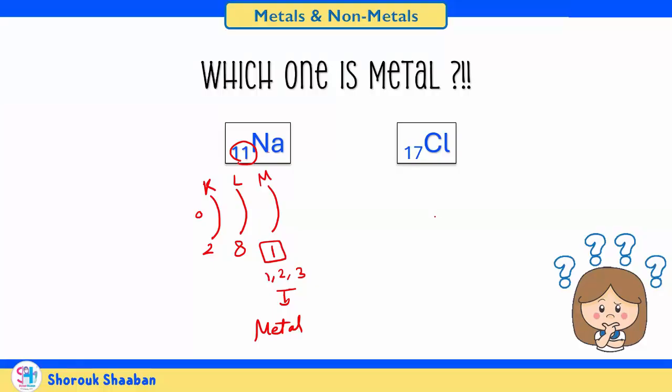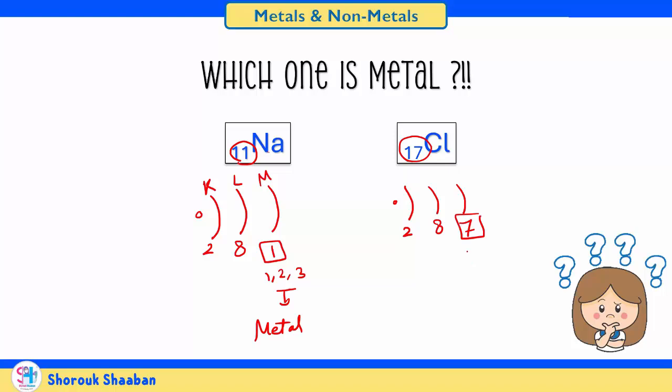Let's do the same for chlorine. First level, take 2. By the way, I have 17 electrons here. Second level, 8. Third level, 7. Now I finished the 17 electrons. So how many electrons in the outermost energy level?